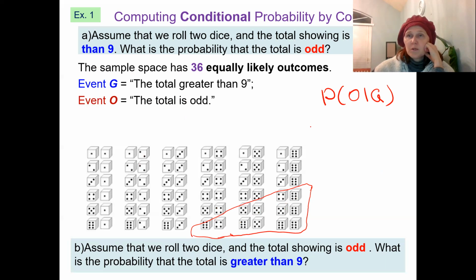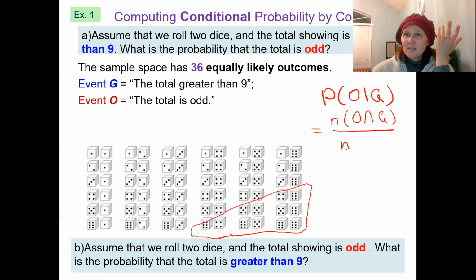According to the special rule, the probability of this intersection will be given by the formula: the number of outcomes in the intersection, odd and greater than 9, divided by the number of outcomes in the given event, a new sample space.